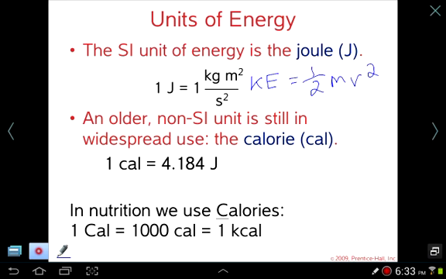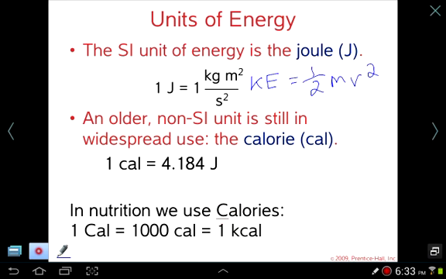Another older, but still very widely used, unit of energy is the calorie. And a calorie and a joule are related in this manner, and this is a very interesting and important relationship that we'll see. We'll see this number come up again later on. Anytime you take a look at a can of soda or any sort of food item, it'll say calories on the back, the amount of energy that food contains.